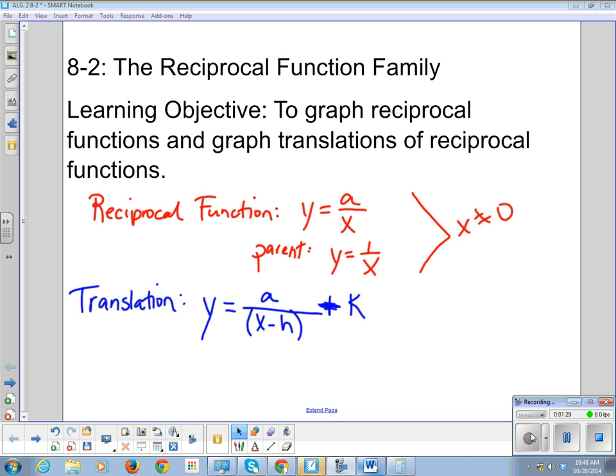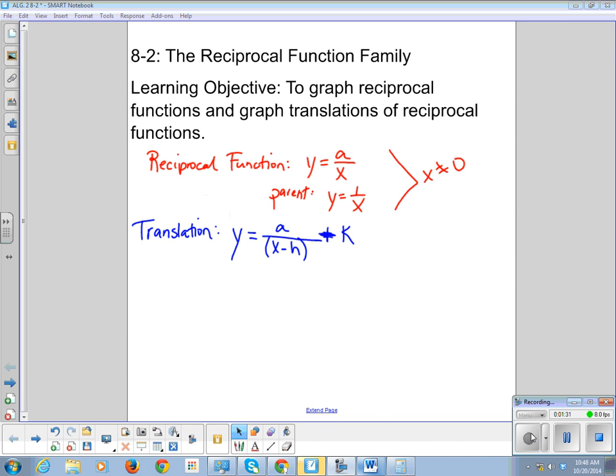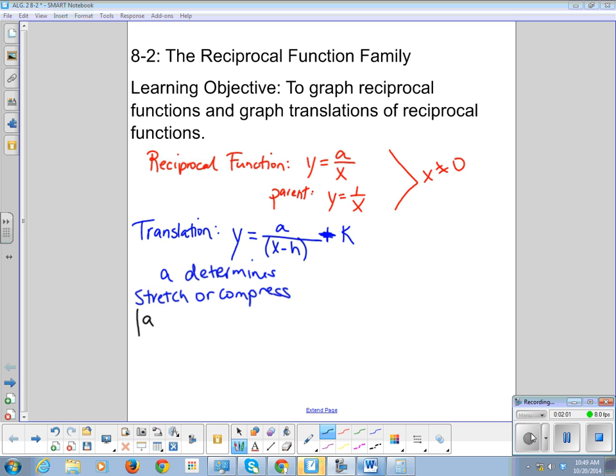And let me give you a breakdown of terms. Just like in all of our other functions, a determines stretch or compress. If our a is greater than 0, it's a stretch.